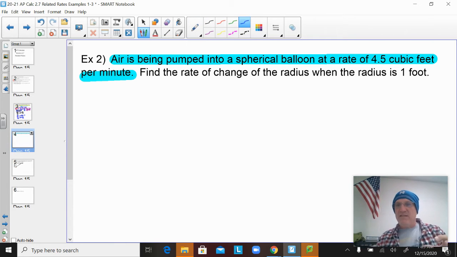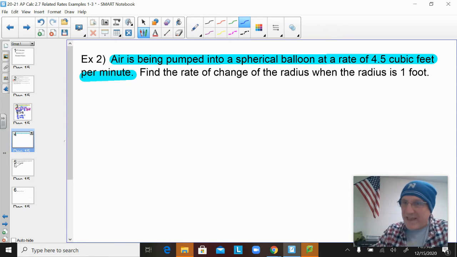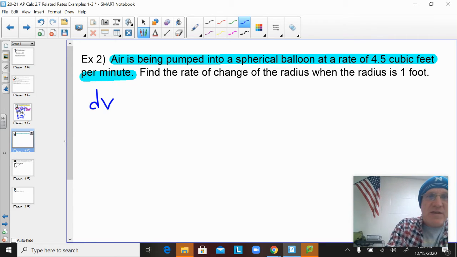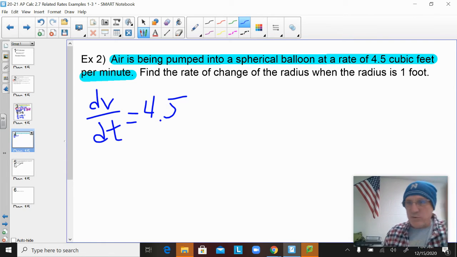That is how fast the volume of the balloon is changing. That's not the rate, that's the amount of air. That's 3-dimensional. So that's telling you how fast the volume of this spherical balloon is changing. So that tells me that dV/dt equals 4.5. That's what that blue sentence tells me.